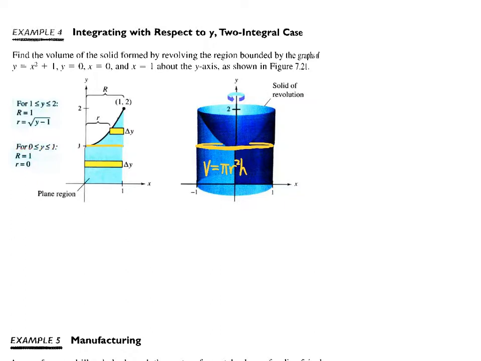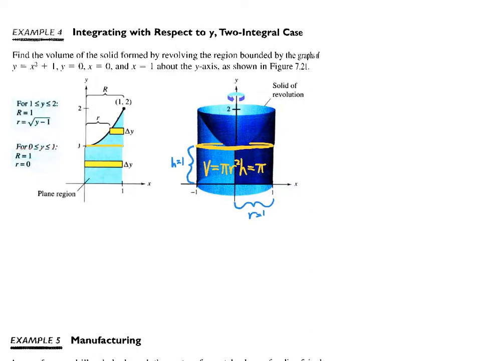What's the height here? Of that bottom part, it's just 1. So the height equals 1, and the radius equals 1. So 1 squared times 1 is 1. So that bottom is just pi for the volume. Don't try to integrate from 0 to 2 with a function that's not defined for all those values.